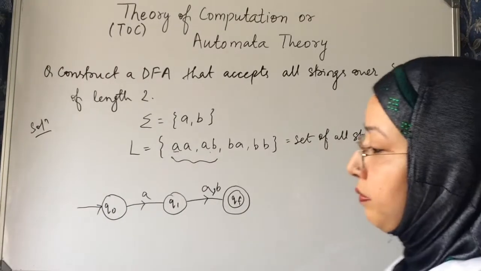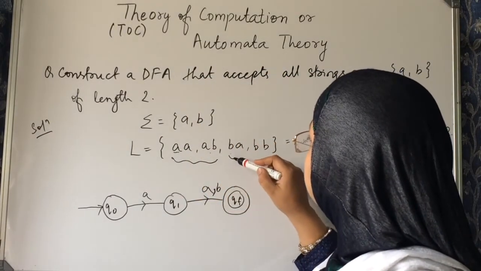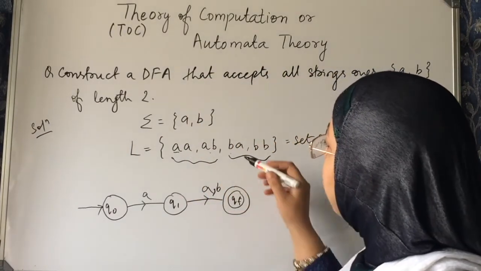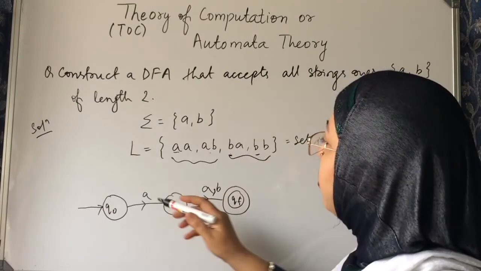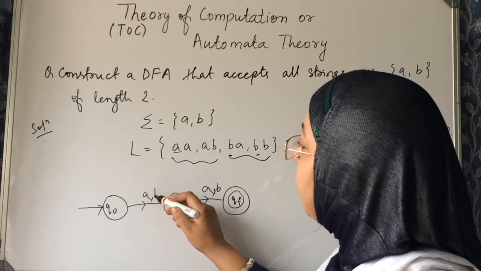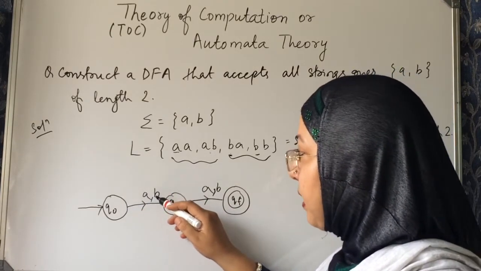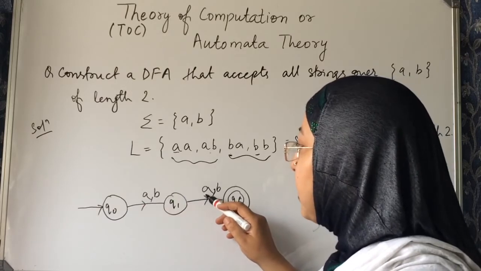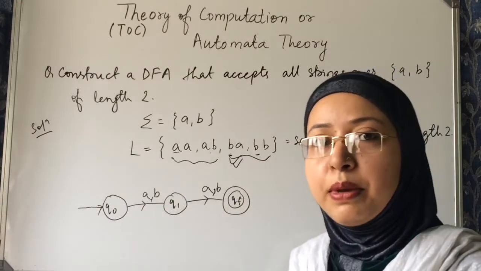And now I have to do this for B also. The first symbol is B, so we can write here by putting comma B. If the first symbol is B and the second symbol is A, it will accept the string BA.